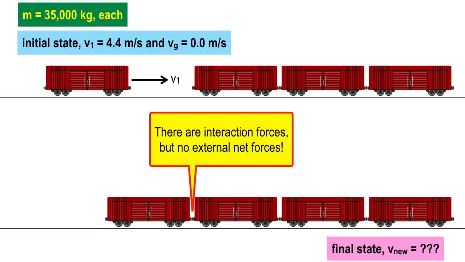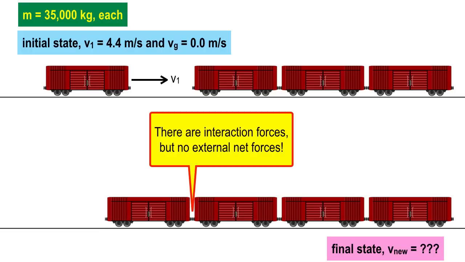Now, there's no unbalanced external force. There is a third law interaction force when they collide. So whatever delta P the three box cars get, number one box car is going to get the same amount of delta P, but in the opposite direction.